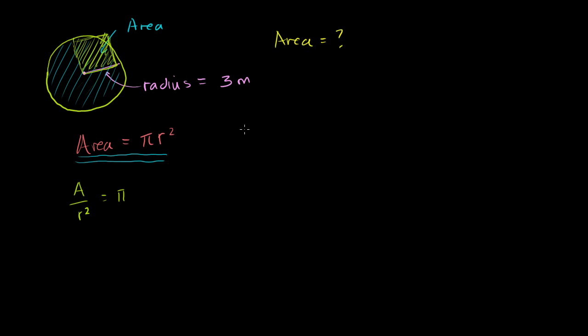So in our example, the area is equal to pi times 3 meters squared, which is equal to pi times 9 meters squared. Or the conventional way to write this is 9 pi meters squared. And remember, with 9 pi, the convention is just to leave it that way.